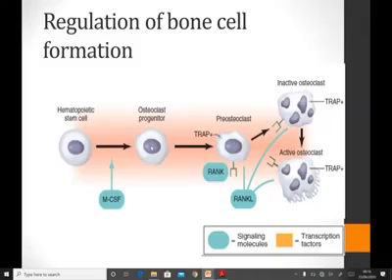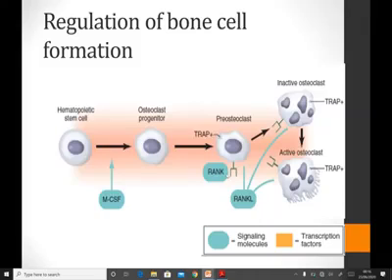The pre-osteoclast has a signaling molecule on its surface called the RANK, which is the receptor activator of nuclear factor kappa B. This RANK is only activated by the attachment of the ligand, the RANK L ligand, and that RANK L ligand is present on the surface of two cells, the osteoblasts and the stromal cells.